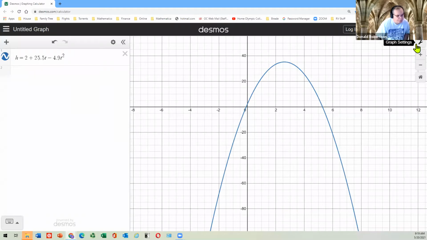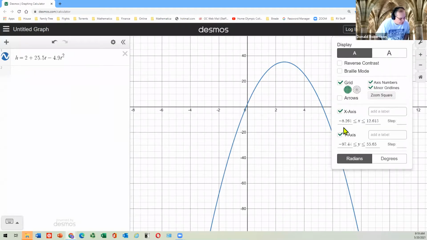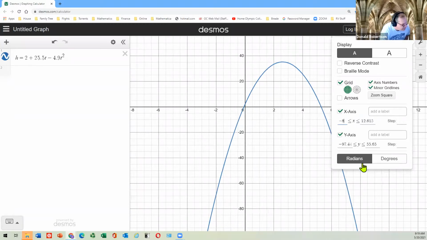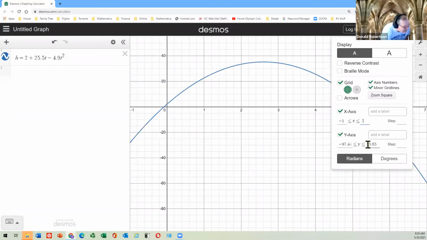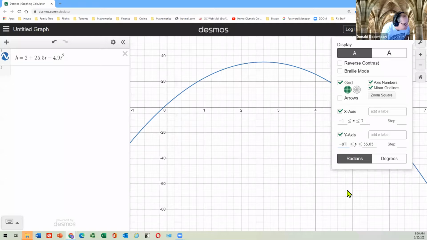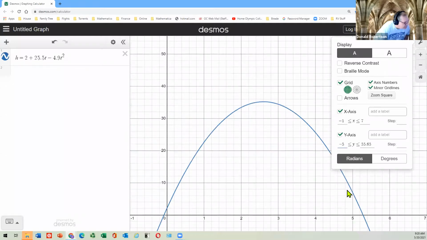This little tool, hit it. You can make the X values anything you like. So how about -1 to +7? Because that kind of is the numbers I want. And then I can use this and make this -5 and, I don't know, 35.